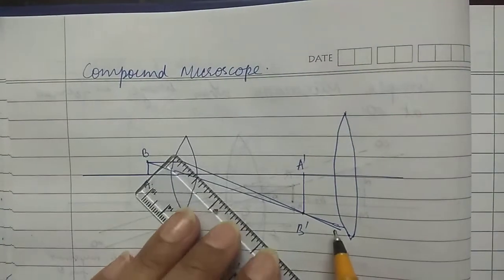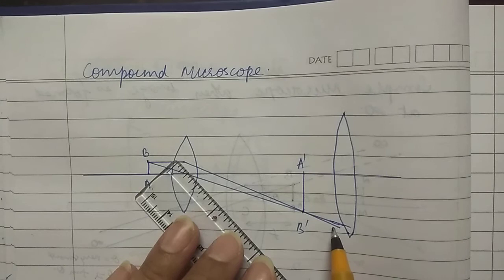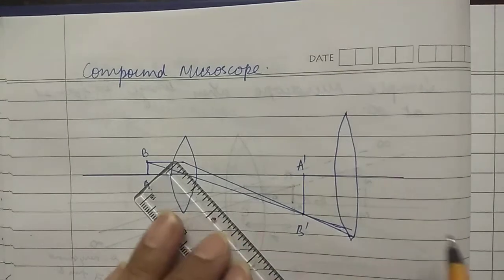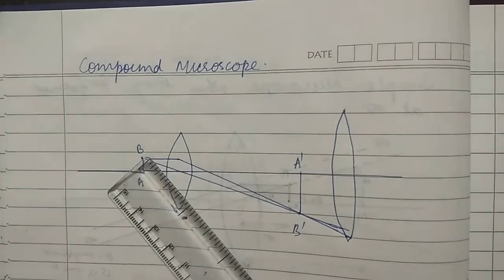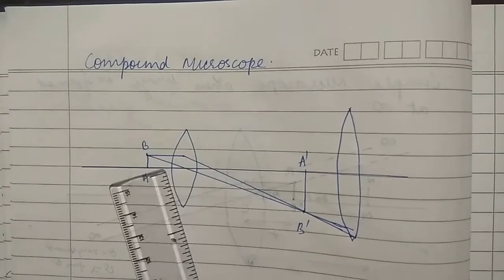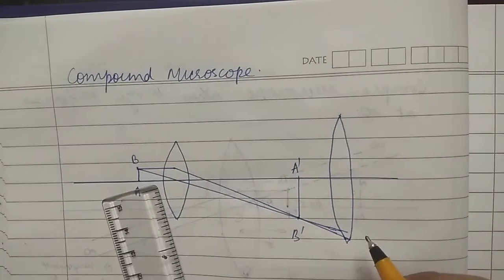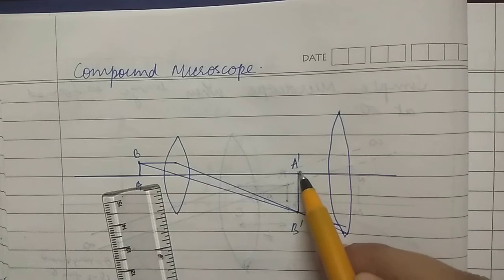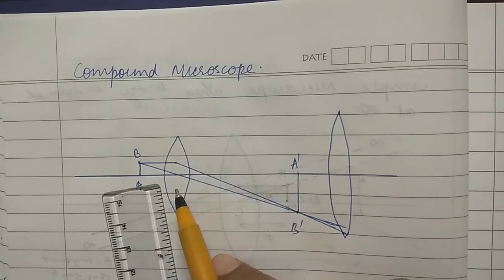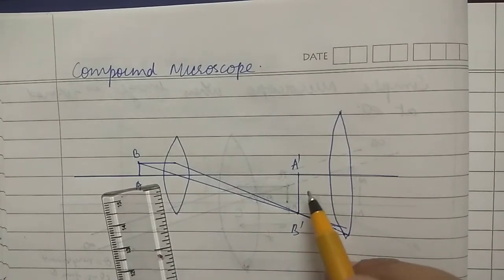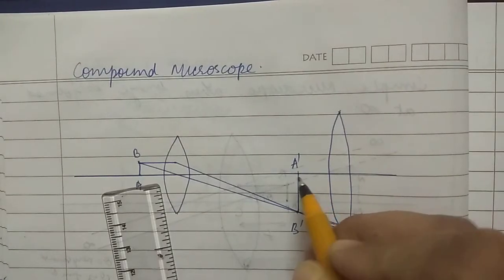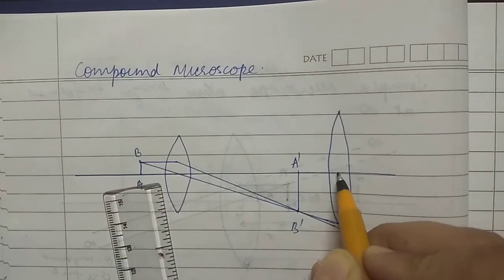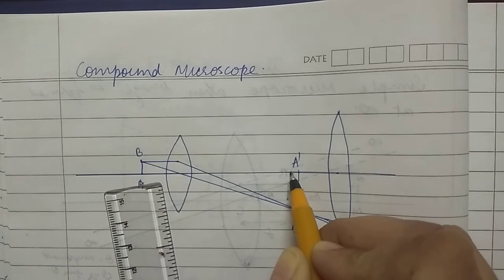So both of these rays, they are going to fall on this image, and the lens is adjusted in such a way that this object, which is the image formed by the first objective lens, is lying between the focus and optical center of the eyepiece.